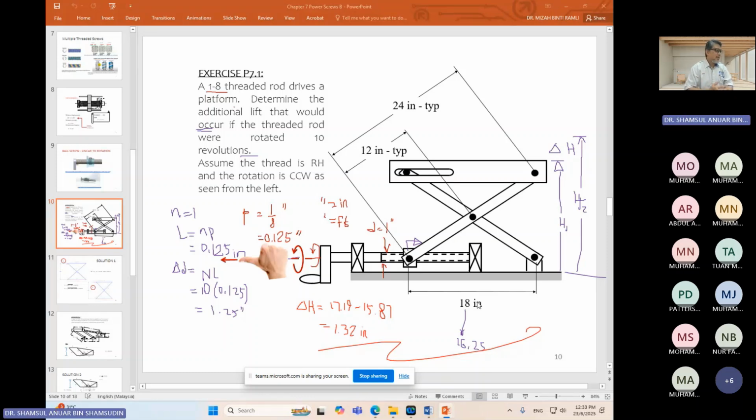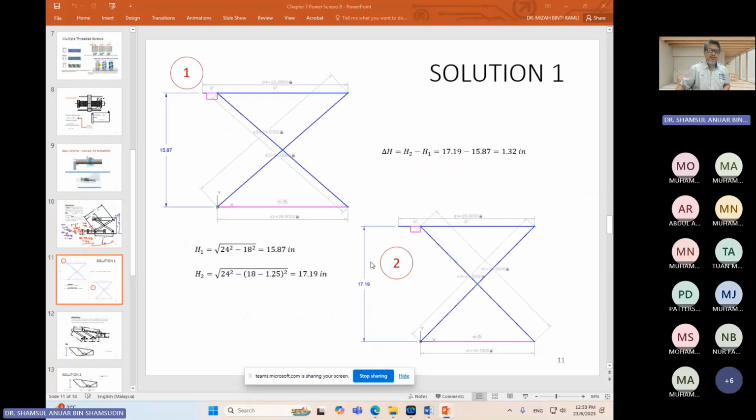That will require you to understand the hand rule, whether it is a right hand rule or left hand rule, so whether this thing is going to move to the left or to the right. That's the big challenge there. After that, it's just for you to understand and solve the geometry.